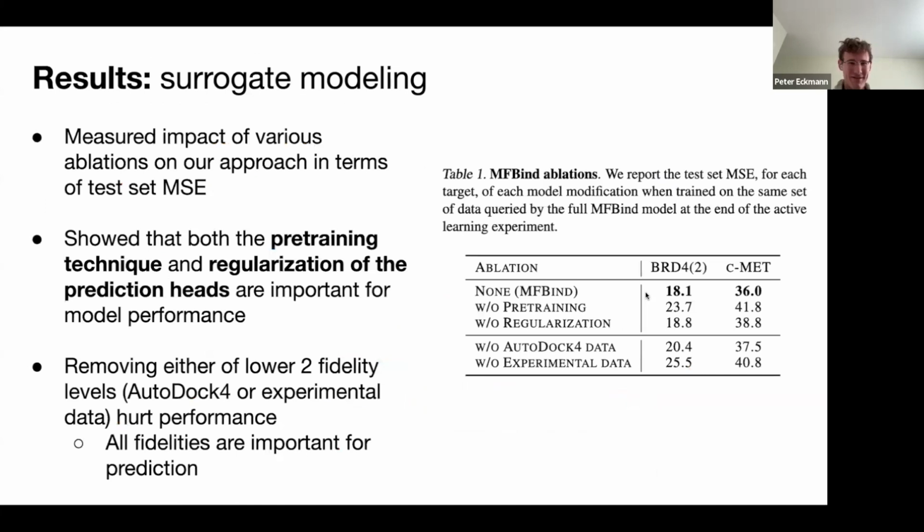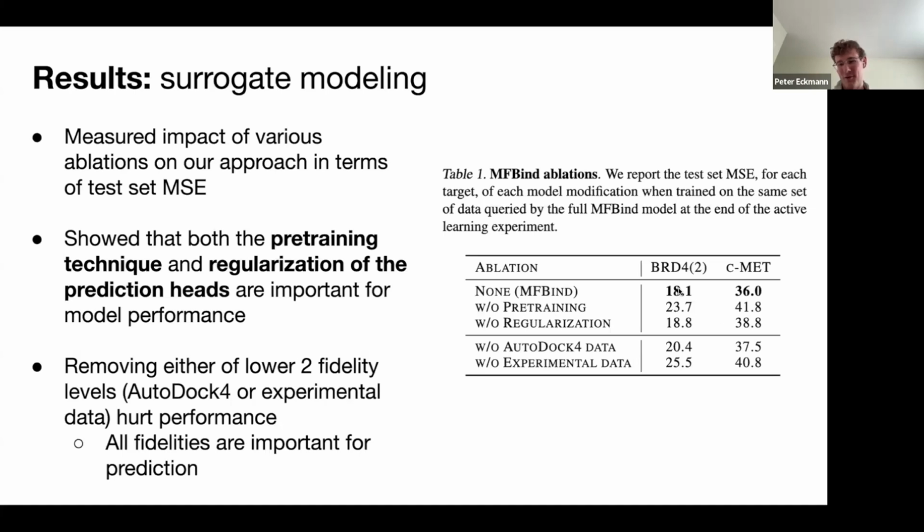So we have the surrogate modeling results on the baselines. We also looked at the impact of various ablations on our approach in terms of the test set MSE. On the right here is a table of the different ablations that we perform on our architecture. We showed that both the pre-training technique and the regularization of the prediction heads are important for the model performance.